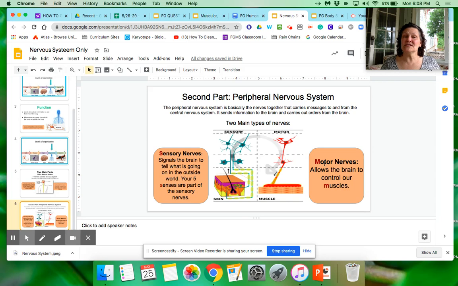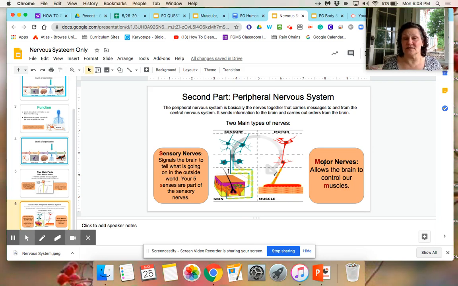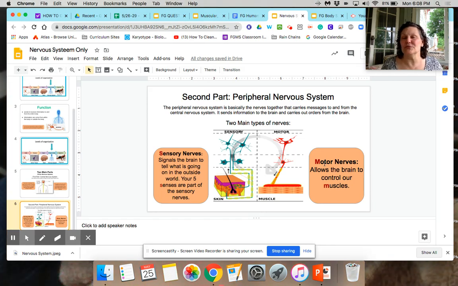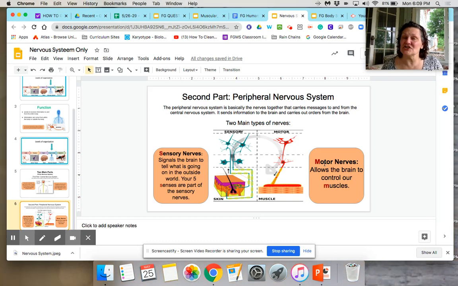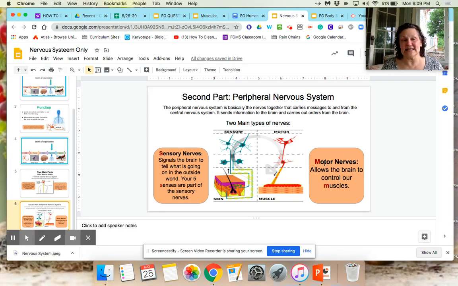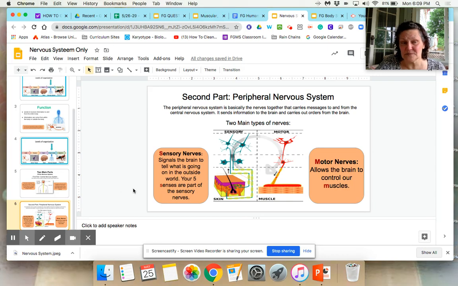Notice though that those nerves both have to feed back to the central nervous system, right? The motor nerves tell your brain to move your arm or to move your leg, but there has to be a connection in order to move that muscle. And then the sensory nerves, remember, are you being able to detect what's going on in your environment using your senses. Okay, and so that's going to wrap that up.